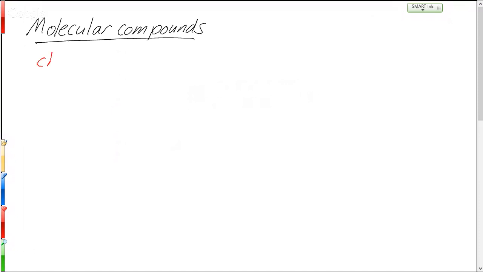So molecular compounds are going to be characterized by something called covalent bonds. What that means is that they have shared electrons.